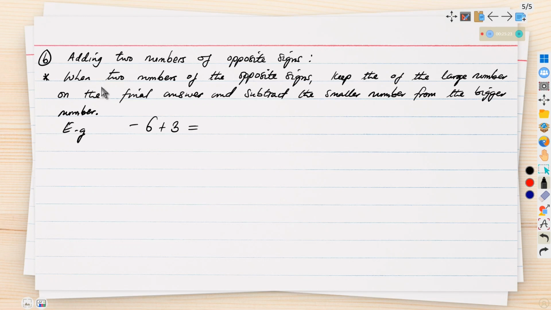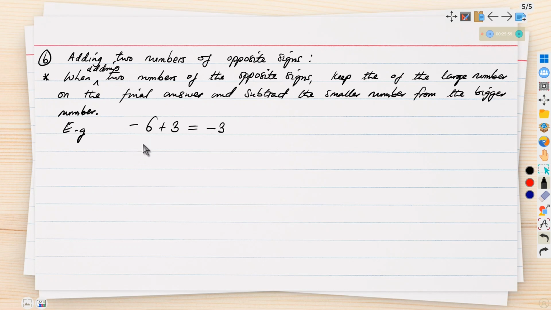According to this rule, when adding two numbers of the opposite sign, keep the sign of the large number on the final answer, and subtract the smaller number from the bigger number. So you say 6 minus 3, which will be 3. That's how it works.